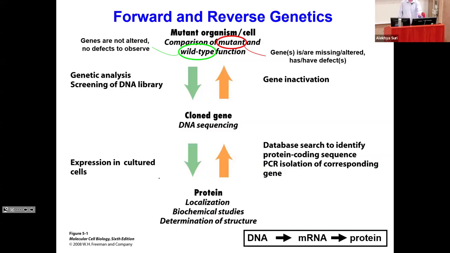So there are two different directions here: going from a mutant organism or cell to the cloned gene to the protein and studying that, or coming from a novel protein isolated in a protein complex isolation scheme to the cloned gene, and then you want to create mutants, for example.